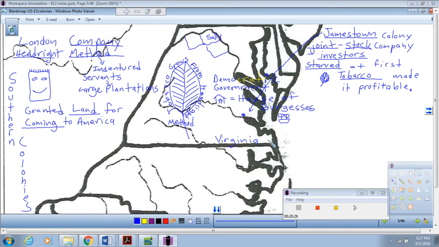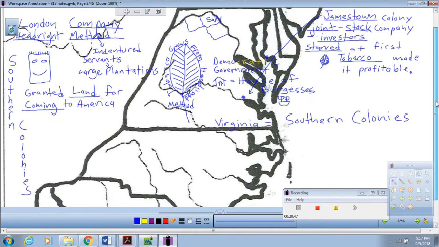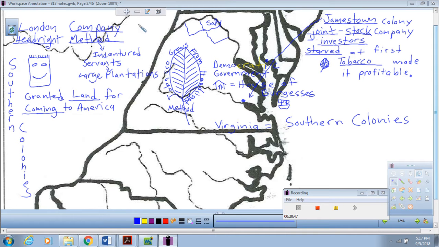Now, Virginia would become the model for the southern colonies. The southern colonies would be ones that exhibited large plantations like Sally's.